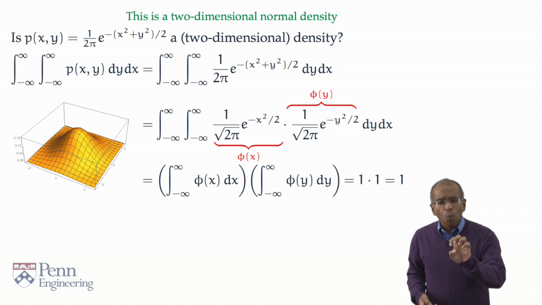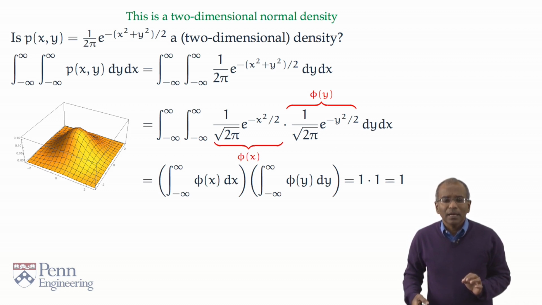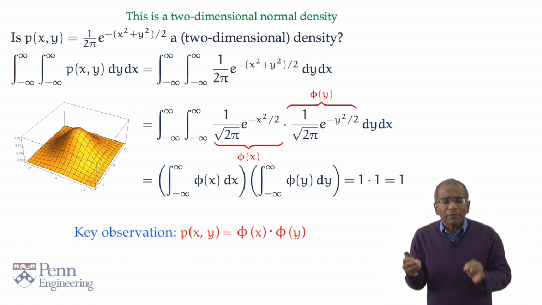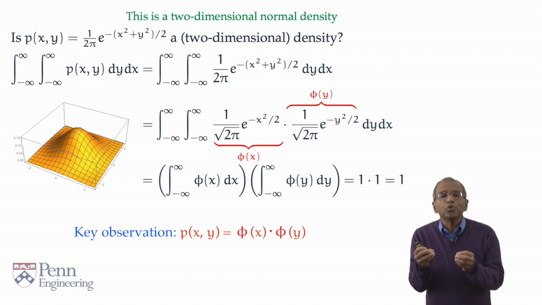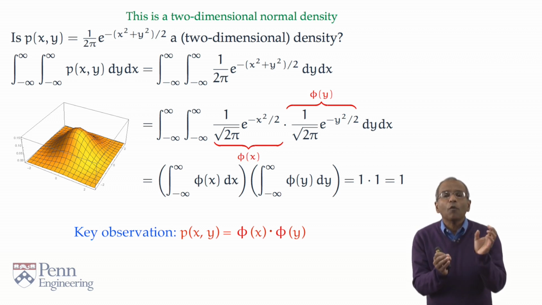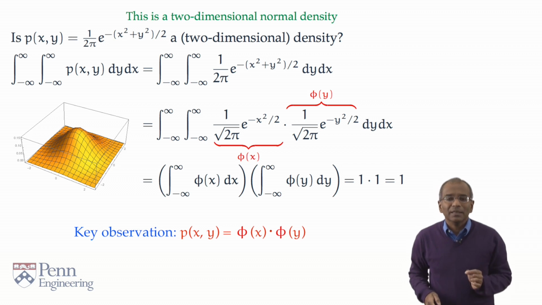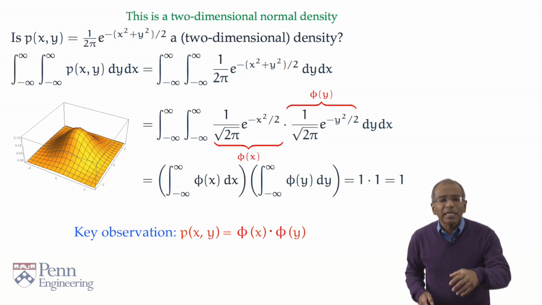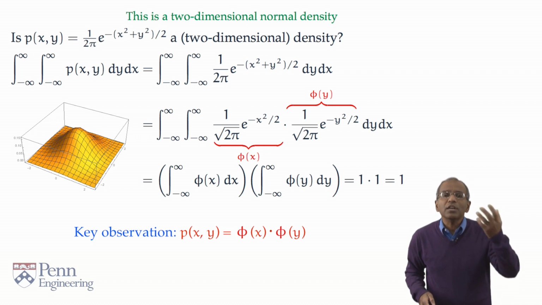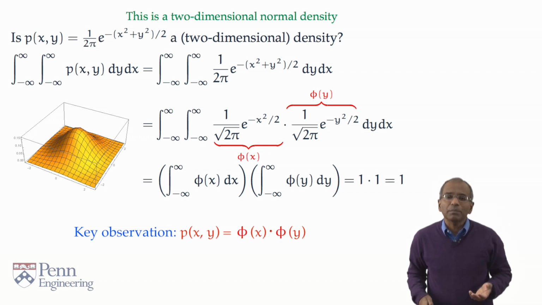Now, what made this particular construction work? Well, here is the key idea. The function I've given you decomposes into a product of 2 functions, each of which is a density. That immediately gives rise to an idea for a general construction in any number of dimensions.